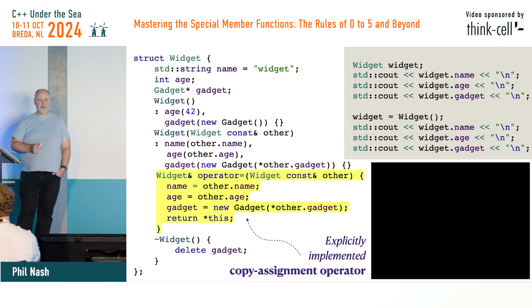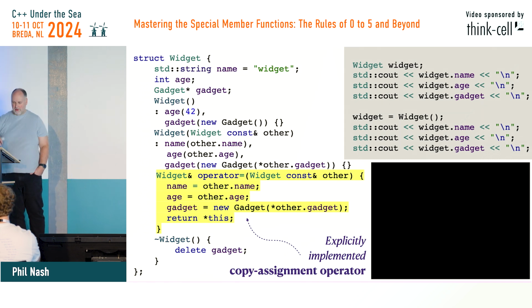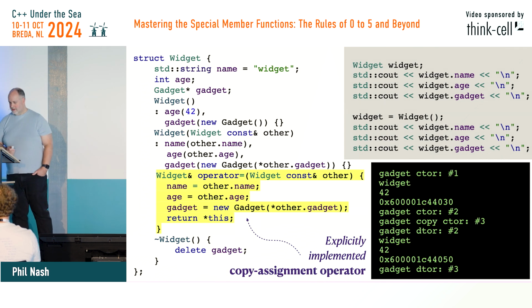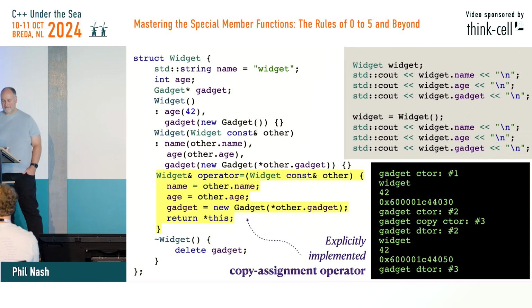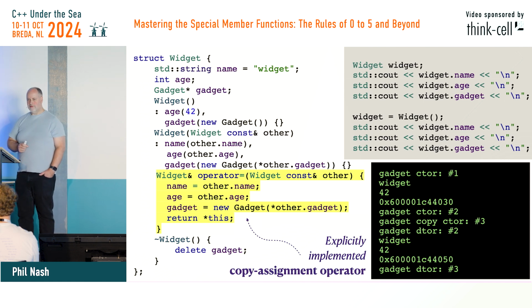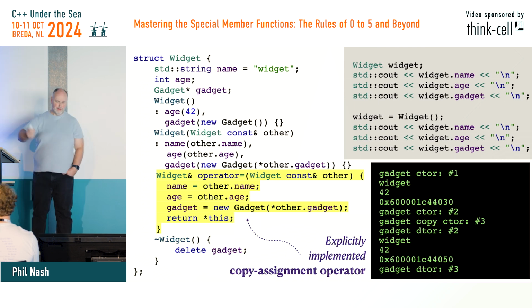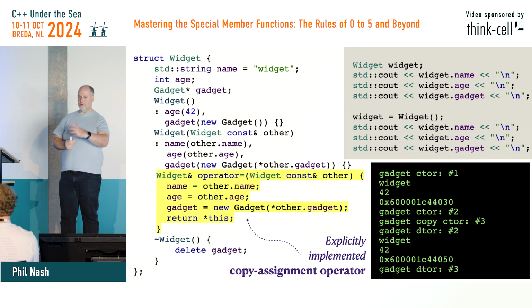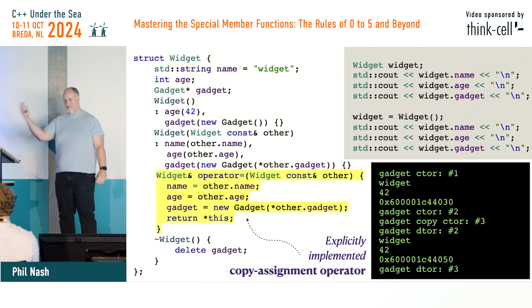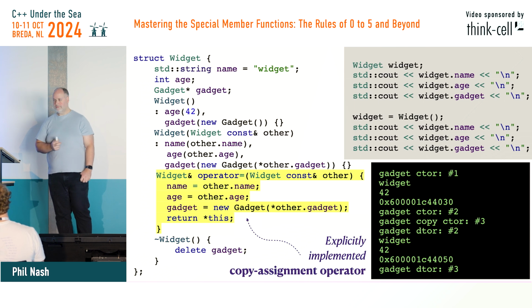So let's try and add a copy assignment operator. And we'll follow the same pattern as the copy constructor, so we're assigning the string and the integer, creating a new gadget, assigning that. That looks fine. And it seems to work. Although if you look a bit closely, we're missing a destructor again. We've got a number 1, number 2, number 3. 2 and 3 destroyed, but not number 1, because, and you probably spotted it, we are not deleting the old gadget, the original one that we had, before assigning the new one.